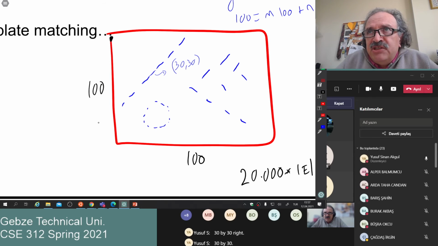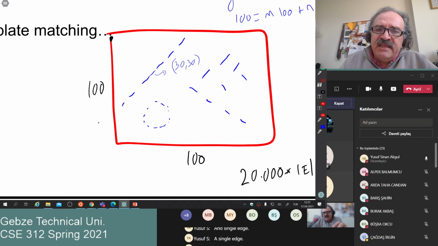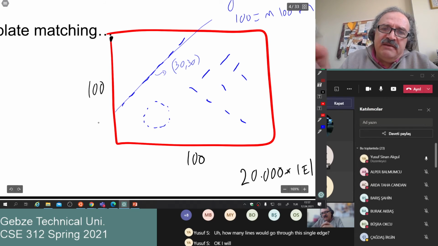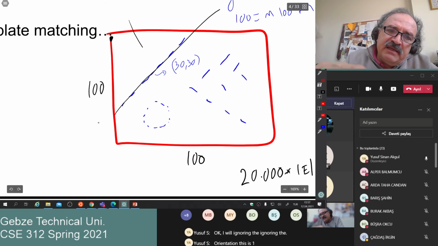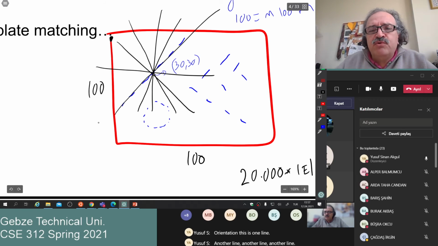And for a single edge, how many lines would go through this single edge? I will ignore the orientation. This is one line, another line, another line, another line, right? How many lines go through this edge?